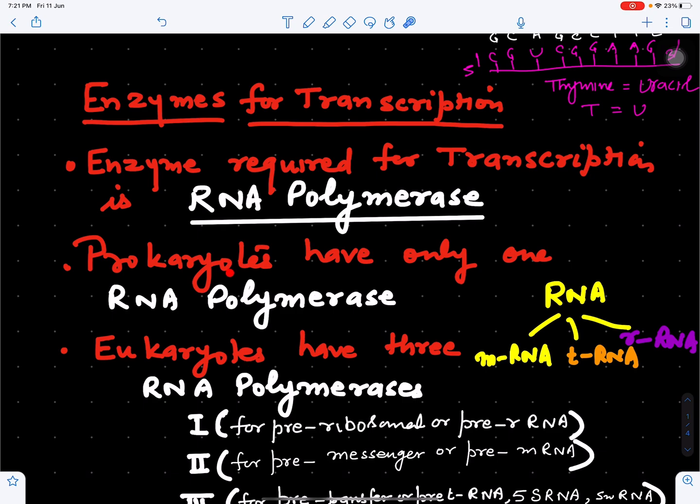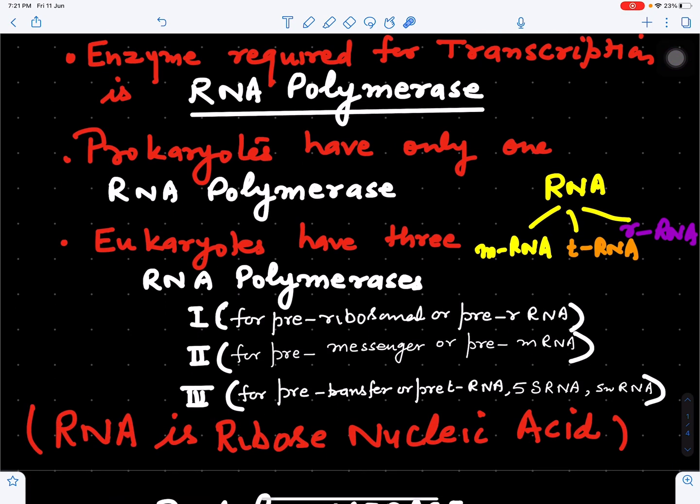In prokaryotes, only one RNA polymerase helps in the formation of RNA, but in eukaryotes, we have three types of RNA polymerases. RNA can be of three types: messenger RNA, transfer RNA, and ribosomal RNA. Depending upon which RNA is to be produced, the RNA polymerases help.